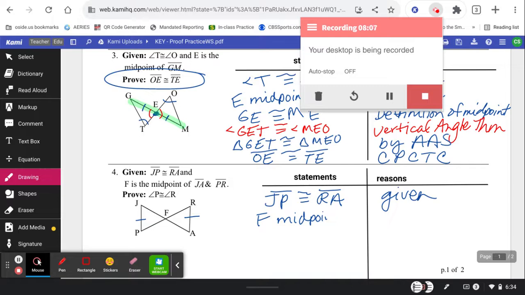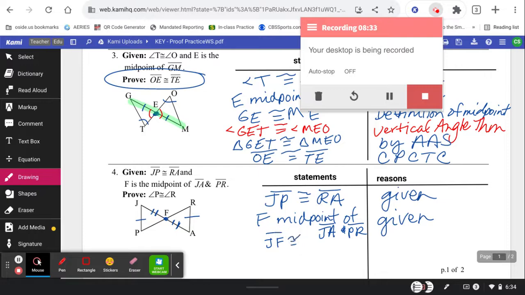Okay, F is the midpoint of JA and PR, given. So again, midpoint of JA and PR means this side is equal.